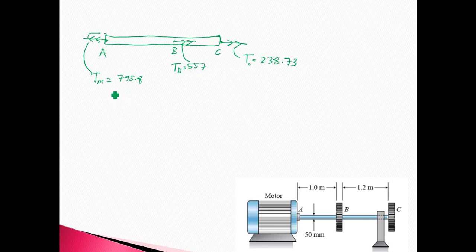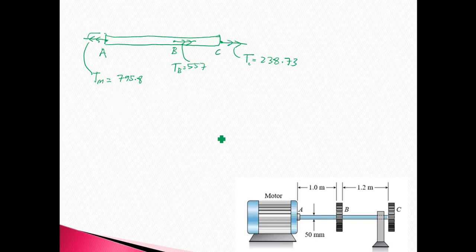Alright, now we have to determine what is the maximum torque in the shaft. So first we have to analyze the shaft AB.